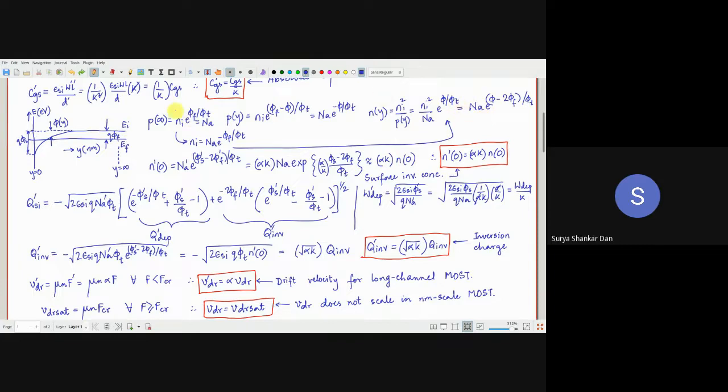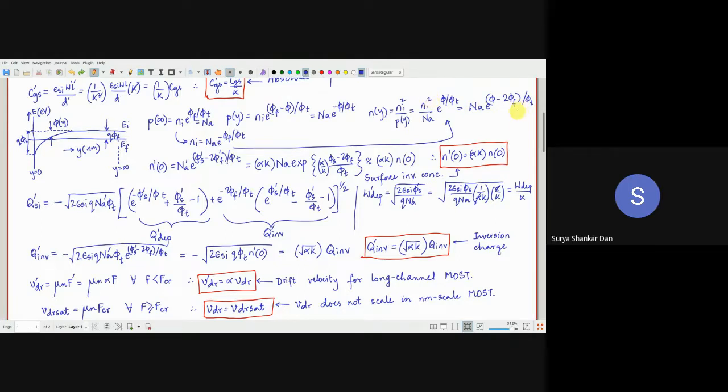Now, notice from this relation here, what we understand is Ni is equal to Na e to the power of minus phi f by phi t. If I bring it to the right hand side, it becomes e to the power of minus phi f by phi t, which I put here in place of this Ni square. And you are left with Na e to the power of phi minus 2 phi f. This 2 is coming because it is Ni square.